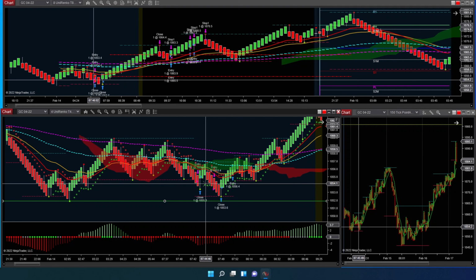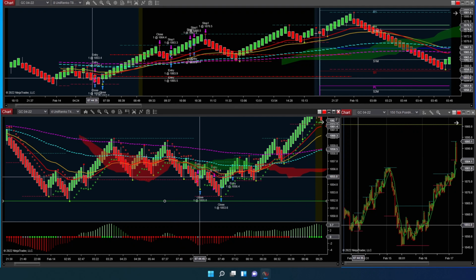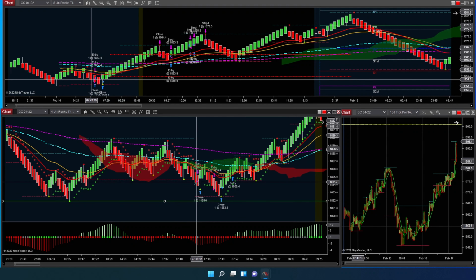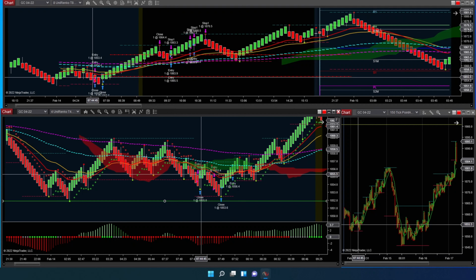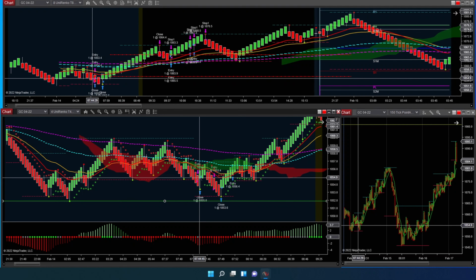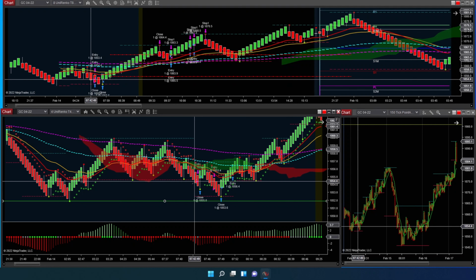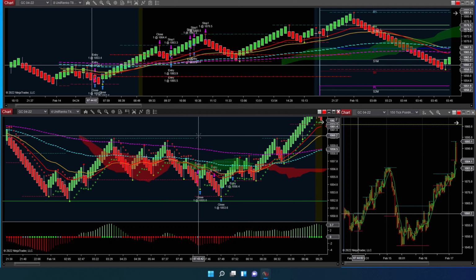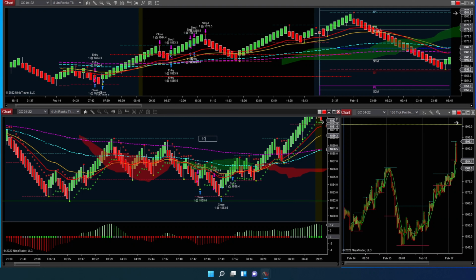So the first entry I took was this one here, and then it moved immediately to the other side. I took a $100 hit in here from this entry to that entry. Okay, so minus $100 right there.